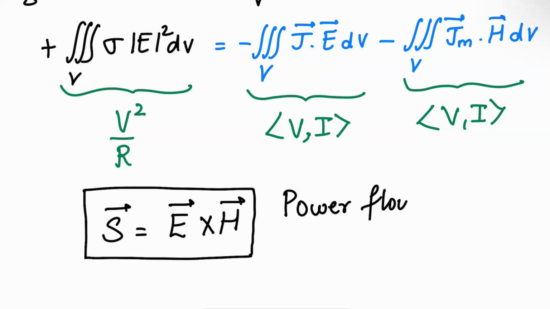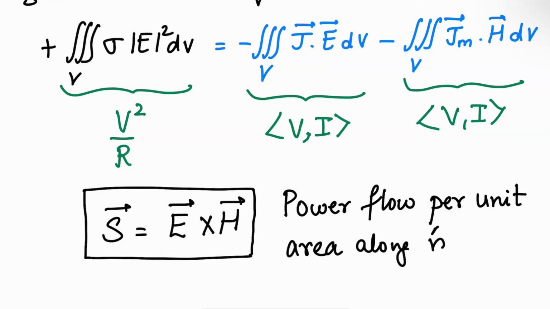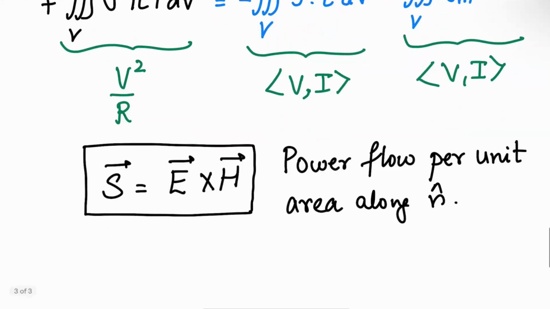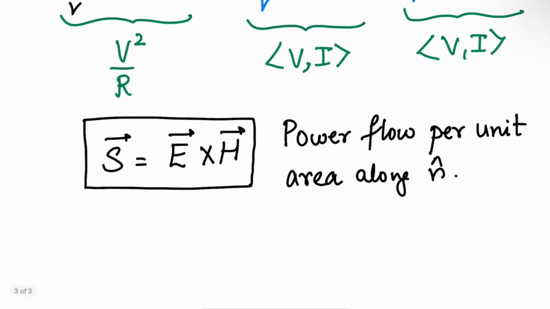This is the power flow per unit area along n hat, where n hat is the unit normal vector of that patch of area that you've chosen.